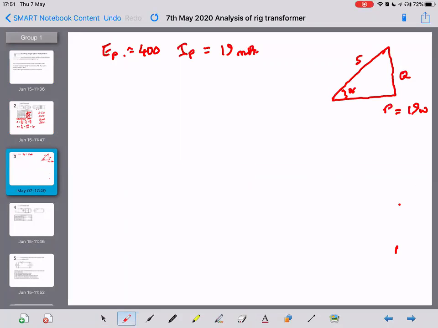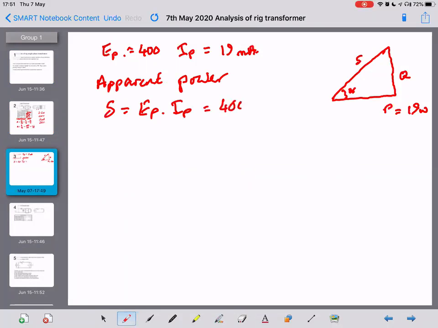We can work out S by doing I times, hang on, I times EP. Yeah, well done. So S, the apparent power, S is EP times IP.